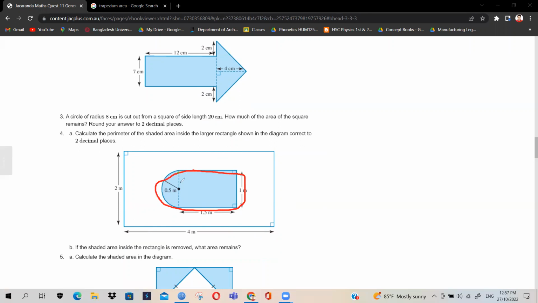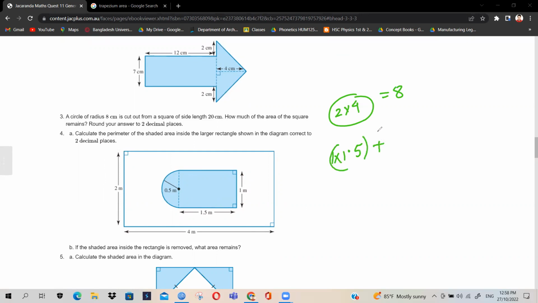Oh, sorry, what am I saying? Fine. All right. What they're trying to say is, see, there are two rectangles. That is why I got confused. The outer rectangle's area would be 2 times 4, that is equal to 8. All right. Now, for the inner shaded region, we have a rectangle that is 1 times 1.5, plus the semicircle.